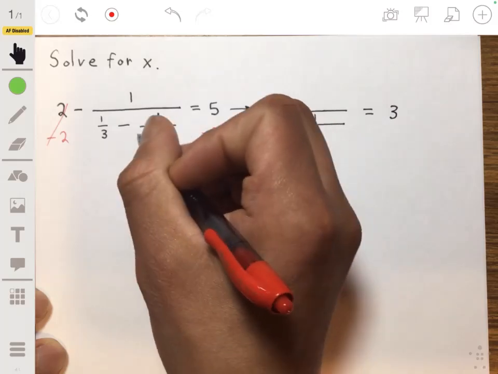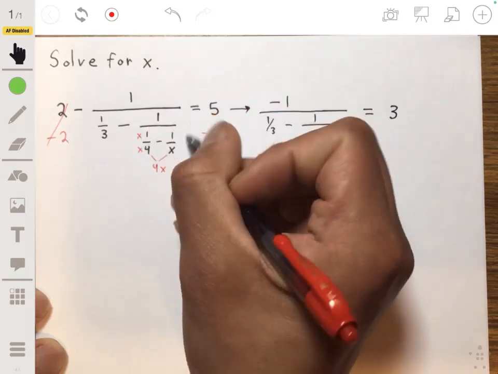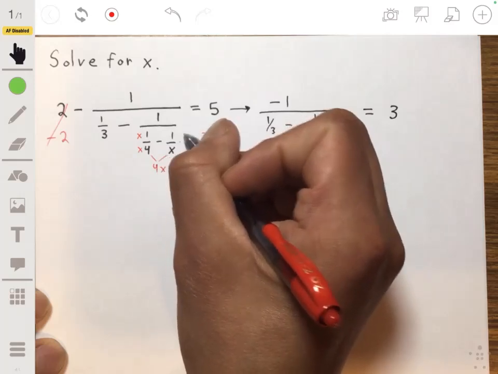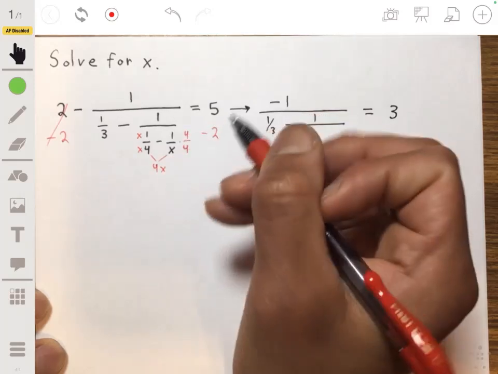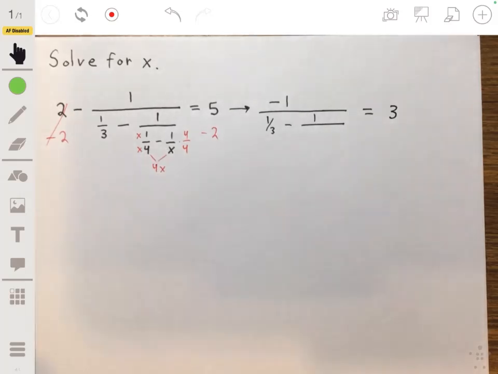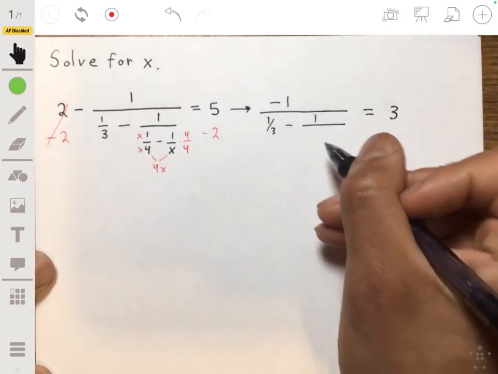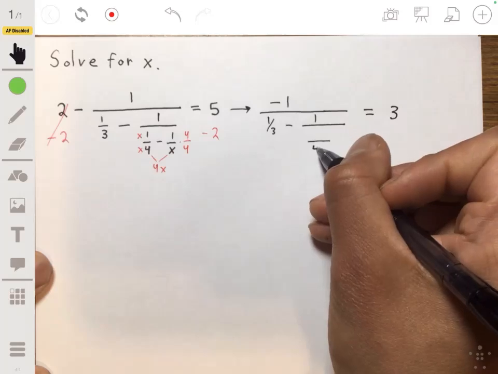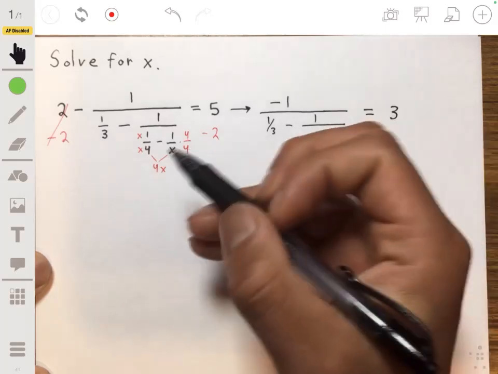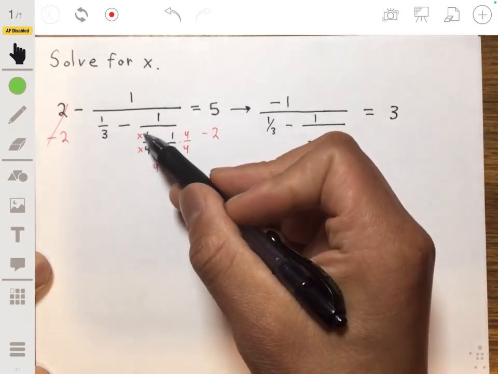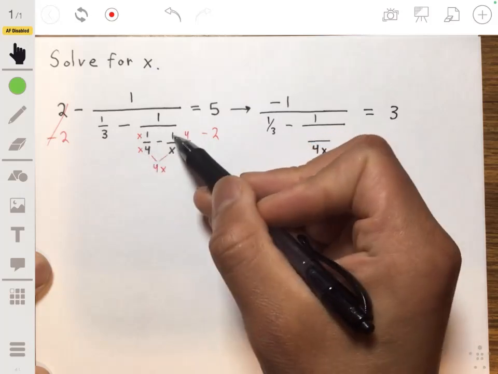To make this 4x, you need to multiply it by x over x. To make this 4x, you got to multiply by 4 over 4. Then you're going to have just one fraction where 4x is the denominator, and the numerator you're going to have 1 times x, or x minus 4.